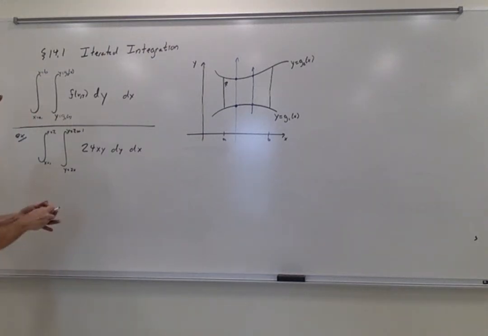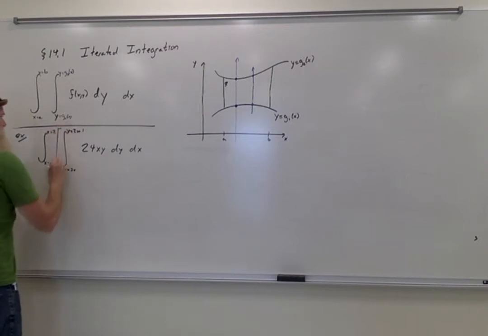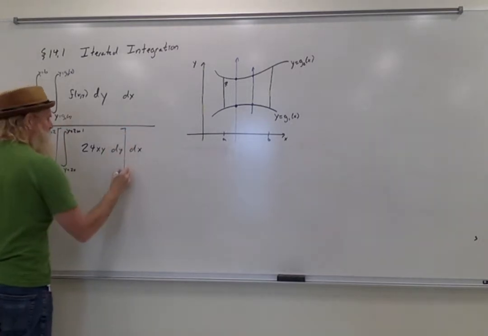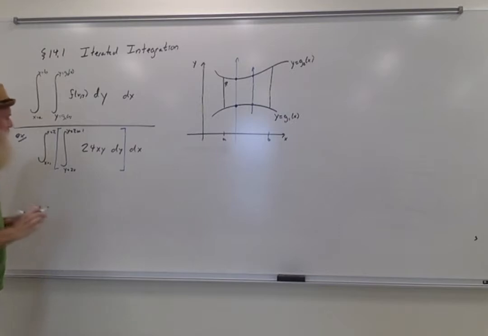The way that you evaluate an integral like this is you start off by carrying out the integral which is on the inside. So when I integrate with respect to y, I'm going to treat all the x's as constants.